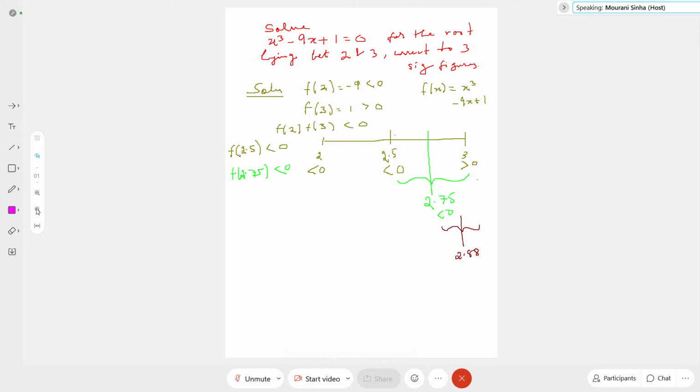I will tell you from the table where to stop. These midpoints which we are finding are not your final answer. I will tell you the stopping criteria, but again and again, this is what we will be doing.